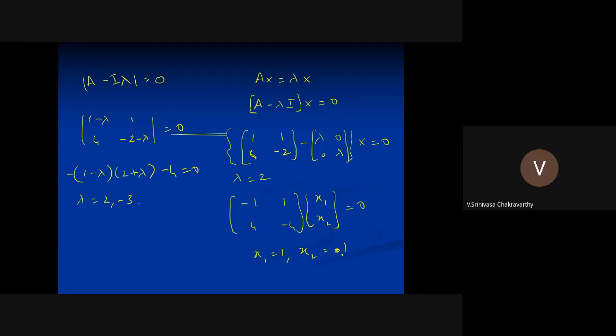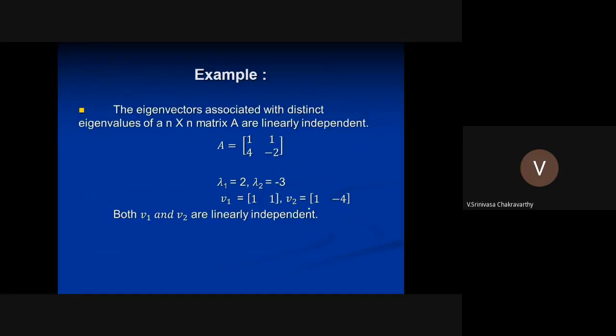So it can be any multiple of this. So people generally take a normed vector. So you can have x1, x2 is equal to 1, 1 by root 2. Okay, so you can do that. You can do the same operation and get the second one also.